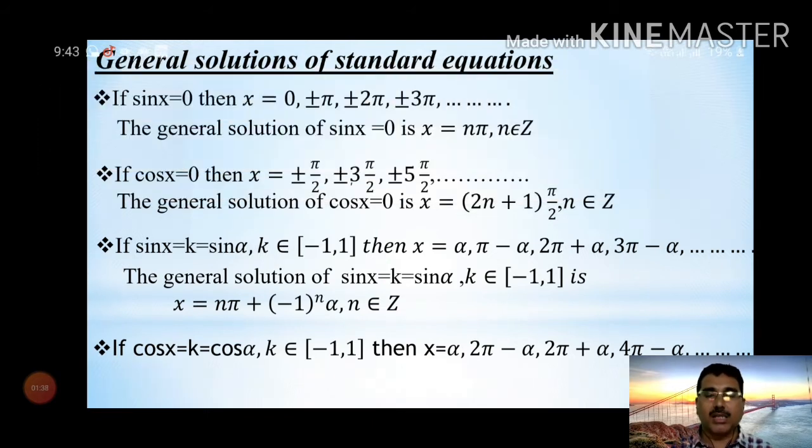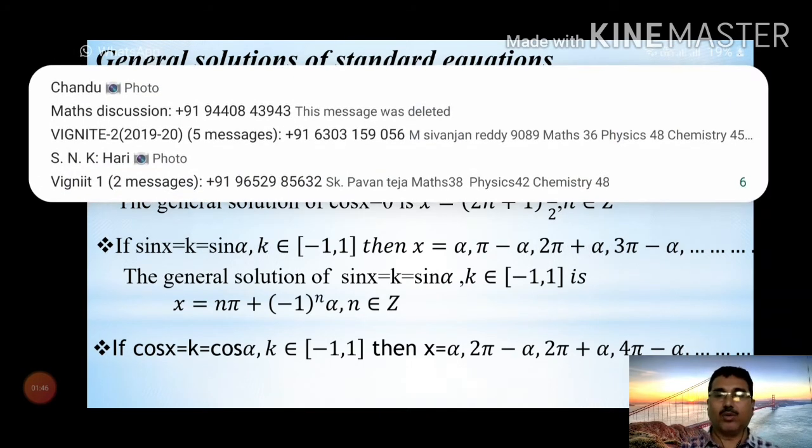If cos x equal to k, that is equal to some cos alpha, where k belongs to the closed interval minus 1 comma 1. Here we take alpha as the principal solution.